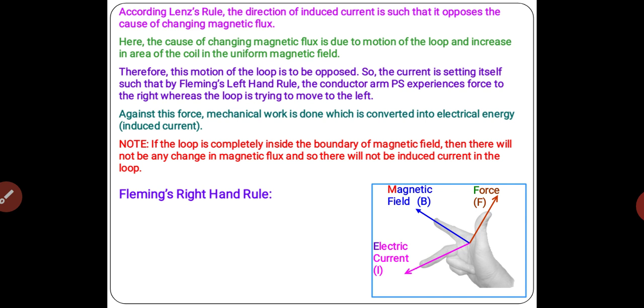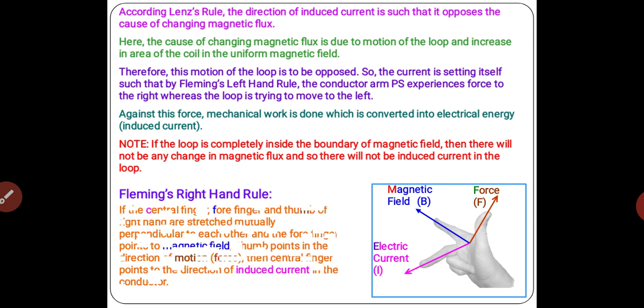Once again you see, forefinger indicates magnetic field, thumb indicates force, and middle finger indicates electric current.